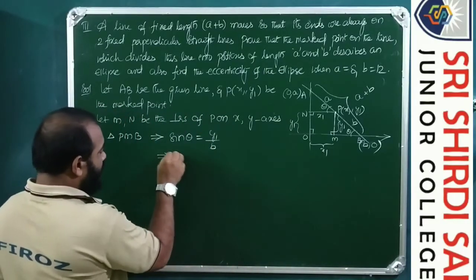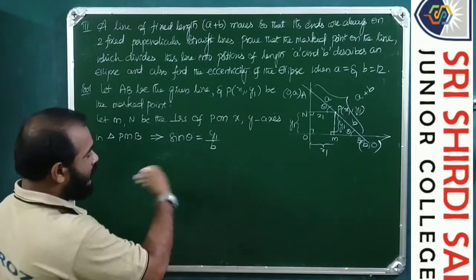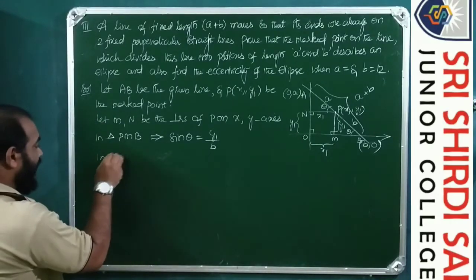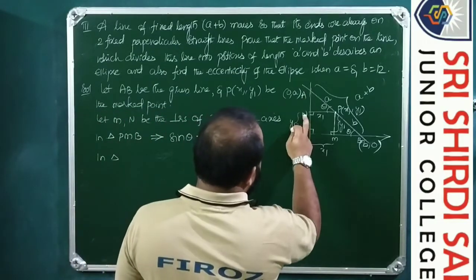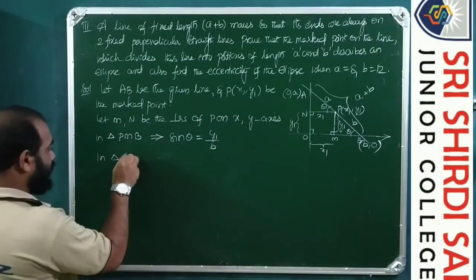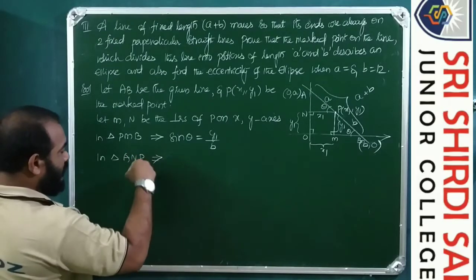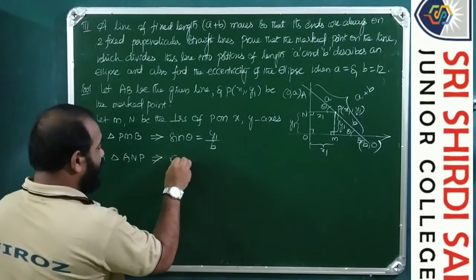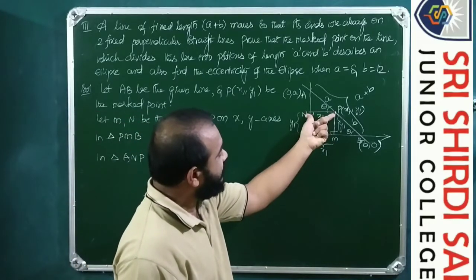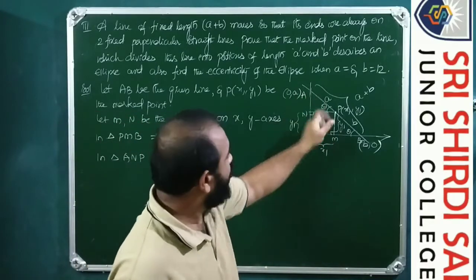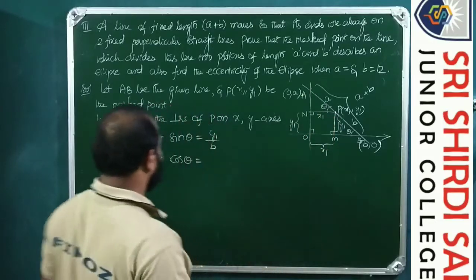So from this, and in triangle ANP, cos theta is equals to adjacent side by hypotenuse x1 by a.